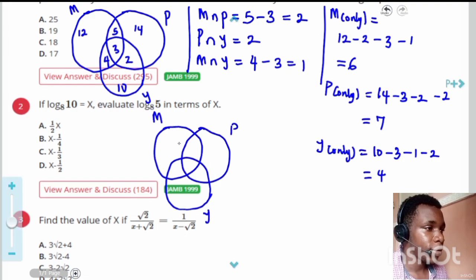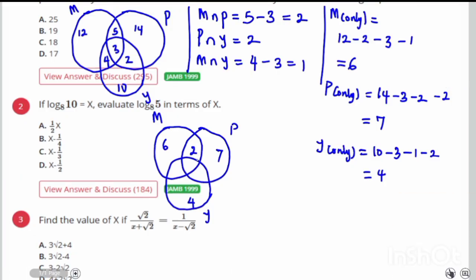All right, we have just 6 persons that sold maize. We have just 7 persons that sold plantain, and we have just 4 persons that sold yam. And then 2 here, 2 here, 1 here, 3 here. At least you understand how these values came to be.